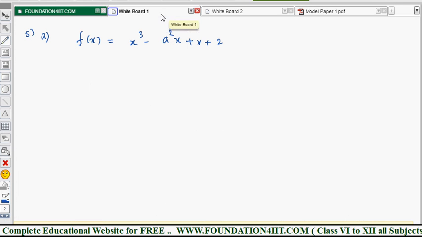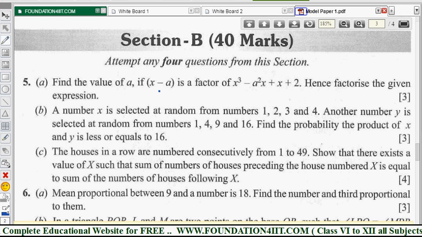In the question itself they mentioned x minus a is a factor. If x minus a is a factor, then you can substitute x equals a.